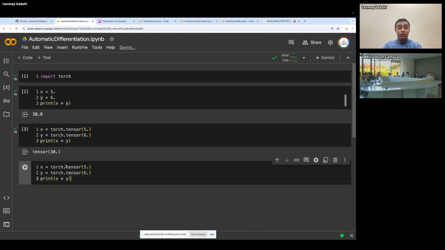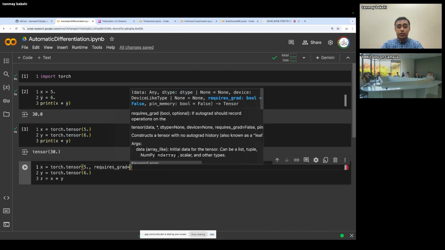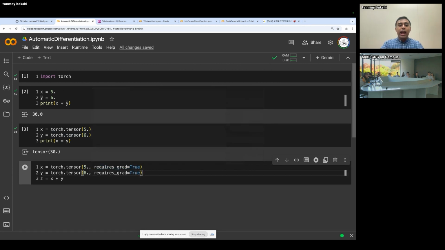If I take this same code, and I take the result of this and put it in another variable called z, and I do one more thing, I pass another parameter here, requires_grad=True. What I'm telling PyTorch is that whenever these tensors are used for some kind of mathematical operation, PyTorch is supposed to internally note down every operation that occurs.